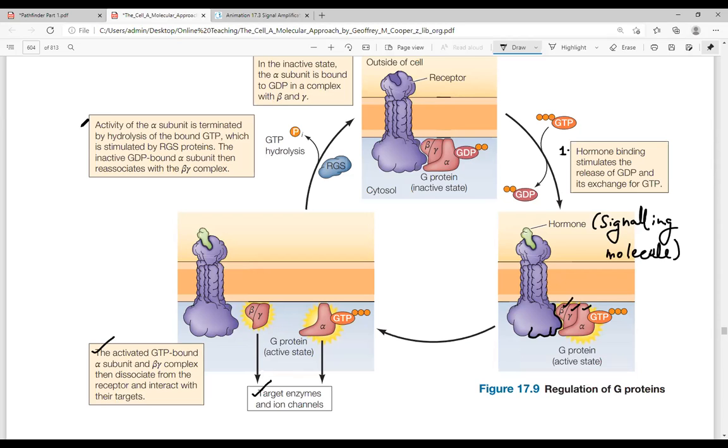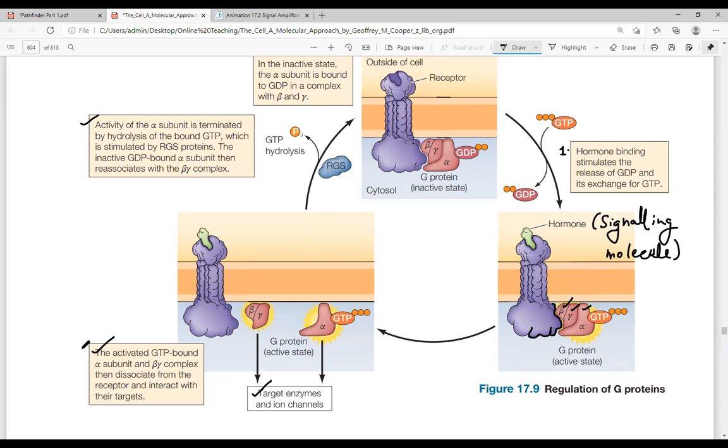Activity of the alpha subunit is terminated by hydrolysis of the bound GTP, which is stimulated by RGS proteins. RGS proteins are the ones that will be inactivating, or preparing the cell for another round of cell signaling. This is how the inactivation is going to take place.